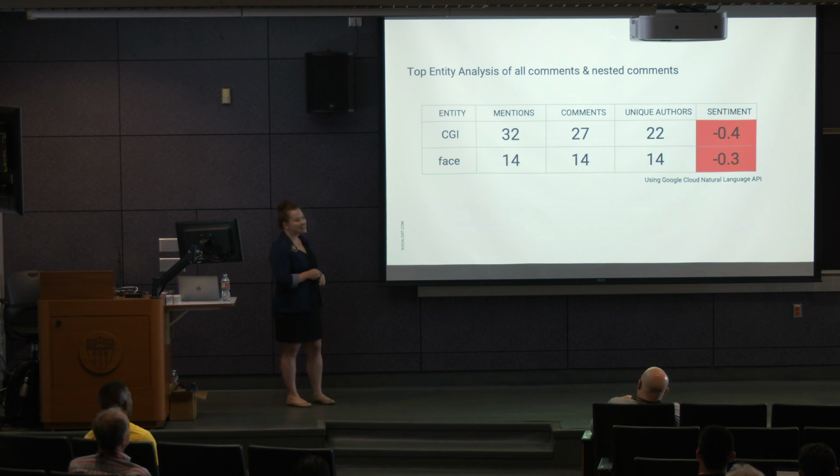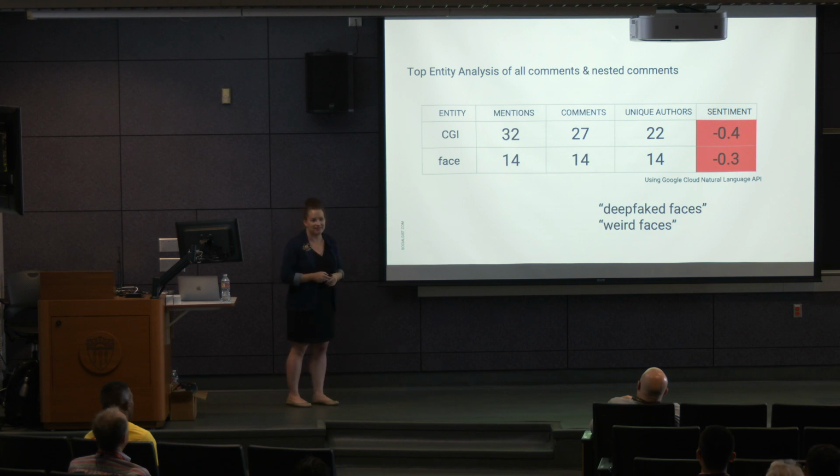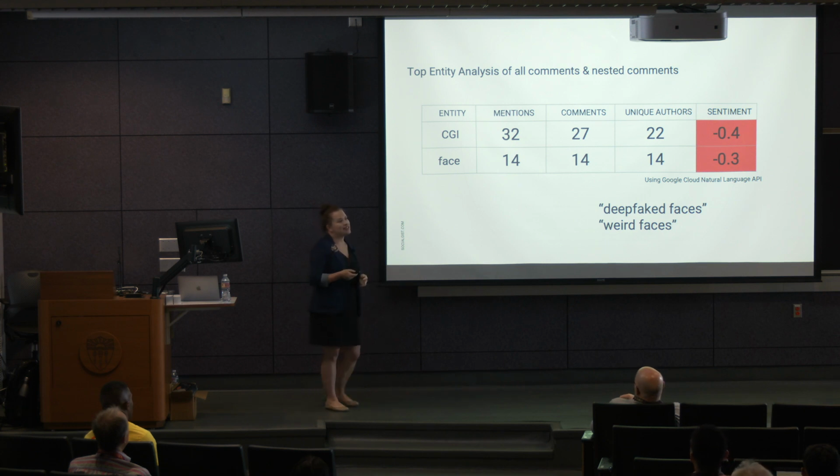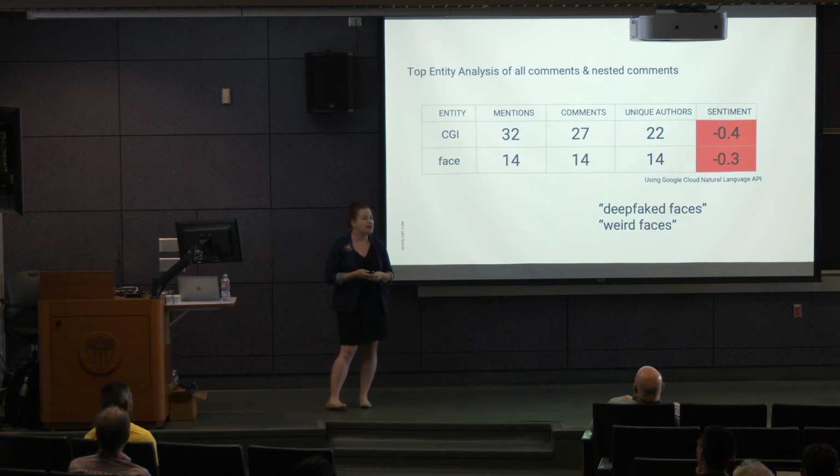If I look at the next entity, face or faces, 14 mentions, 14 comments, 14 unique authors, all negative. People saying deep faked faces and weird faces. So this is just an example to show why it is so important to actually look at the entire conversation. Because if you're not, when you're running your analysis, you're going to potentially miss big pieces of the conversation and the context that was actually there for you. You just missed it.